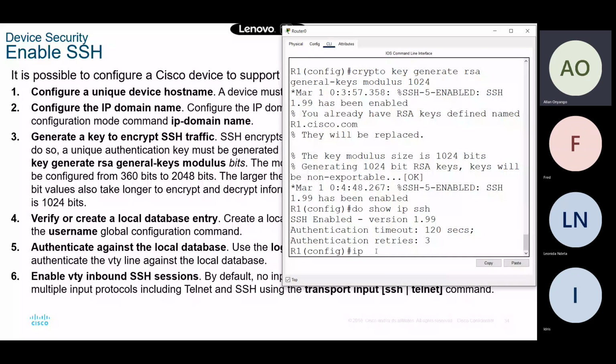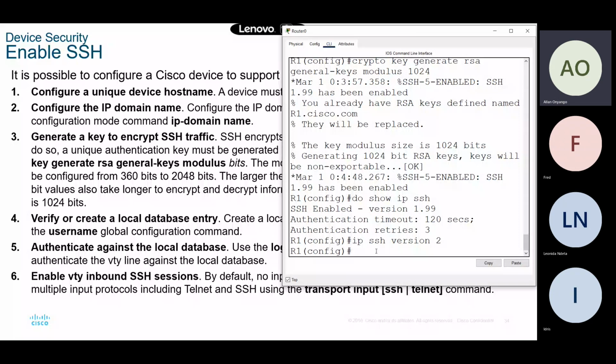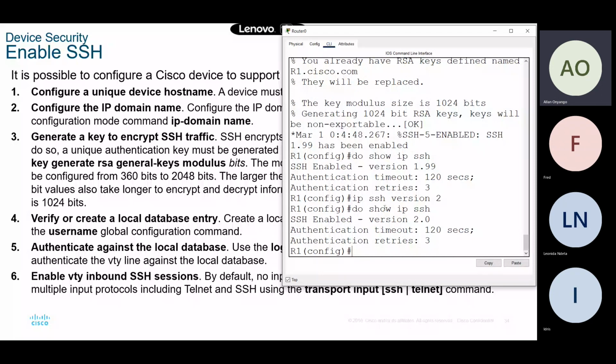You just say ip ssh version 2. And we say now show ip ssh. You realize now you're using version what? Version 2. It's no longer version 1. So ip ssh version 2 is the command to change it to that level.